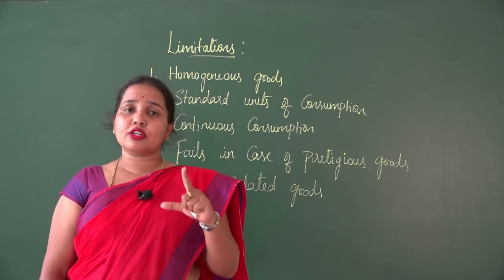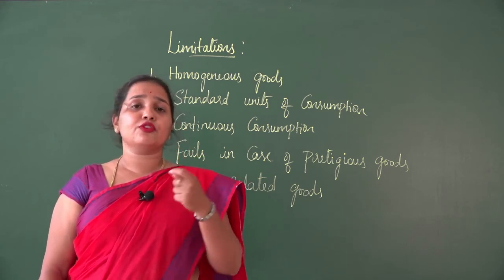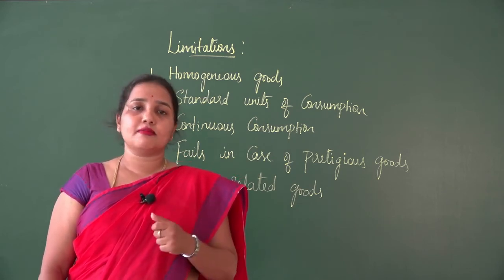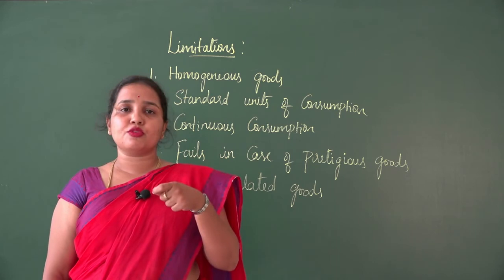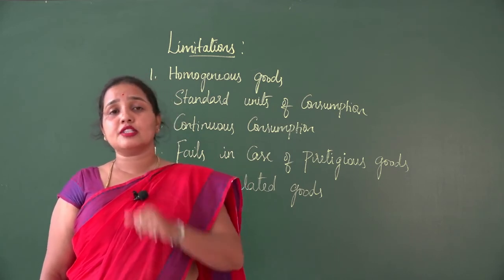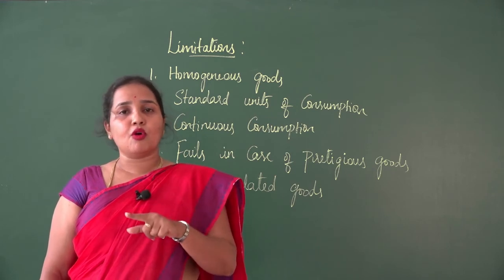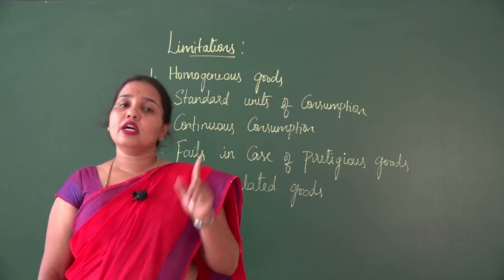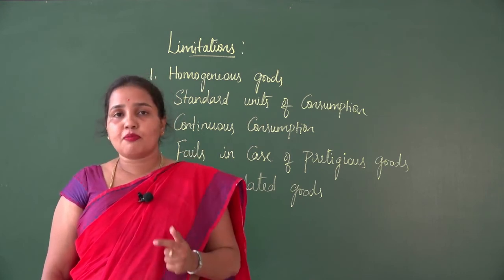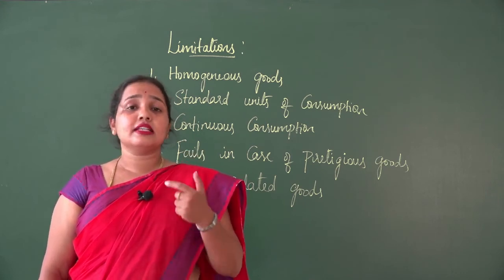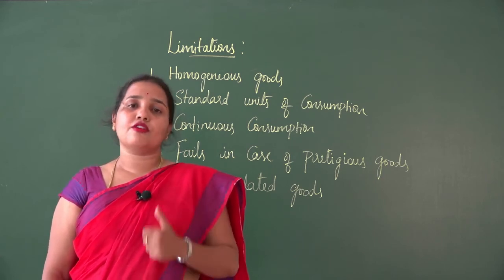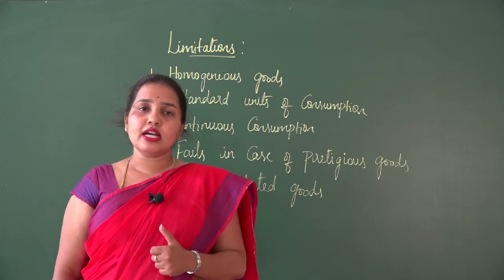If you take a spoon of water, that cannot be considered a reasonable unit. When you consume the first spoon of water, you may not derive maximum satisfaction. Rather, the second spoon of water you may get a little more, which is exactly opposite to the law of diminishing marginal utility. Therefore, for the law to operate, reasonable, standard units of commodities must be taken into consideration.